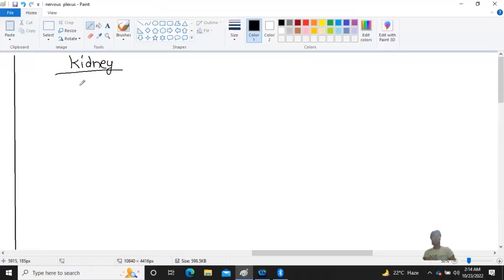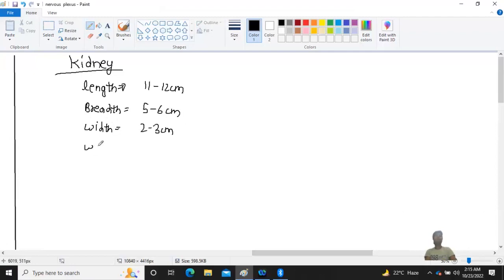So first, its length is around 11 to 12 centimeters. Breadth is around 5 to 6 centimeters, and width is around 2 to 3 centimeters. Weight is approximately 150 grams.